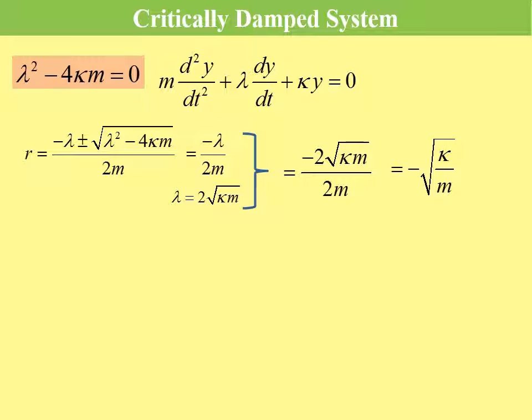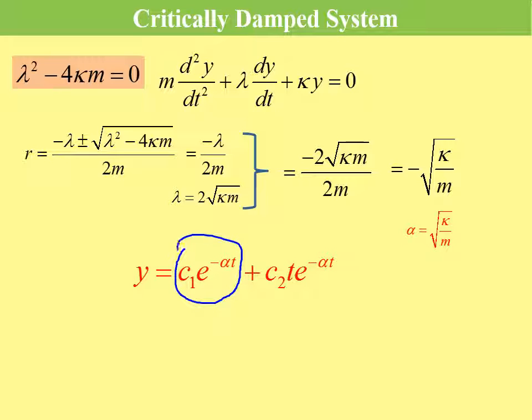Now remember, that's a root twice. It's a duplicated root. So, using alpha to be just the root of kappa over m, we end up with the two different solutions given by C1 e to the negative alpha t and C2 t e to the negative alpha t.